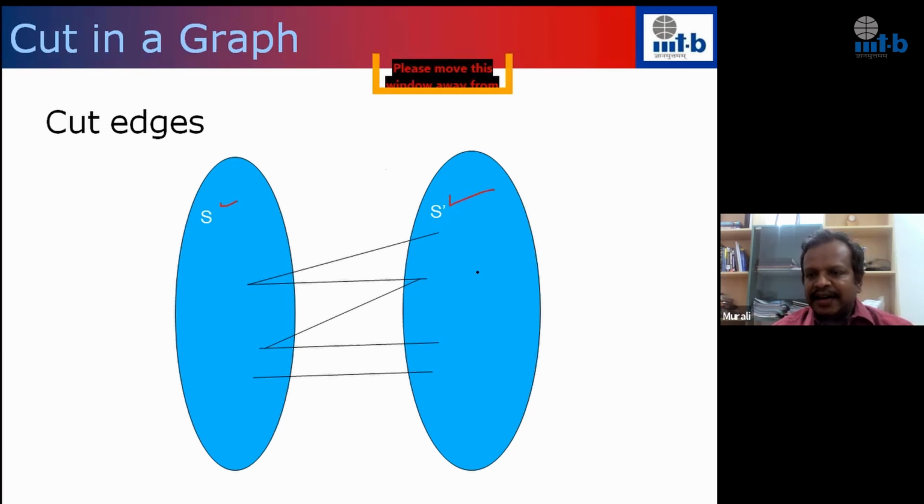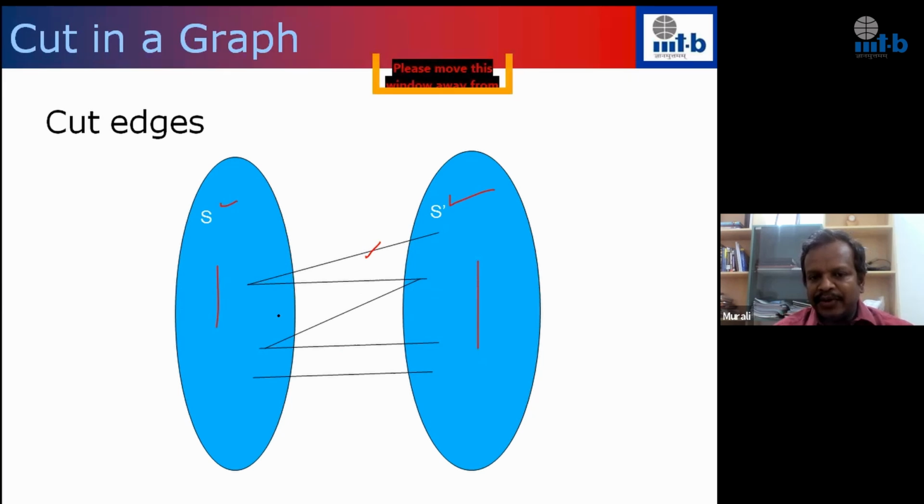Now this is called a cut. You take any edge where one of the endpoints is in S and the other endpoint is in S complement. In other words, exactly one of the endpoints of an edge should be in S. Such an edge is called a cut edge. If both the endpoints are in S, it will be like this. If none of the endpoints are in S, then it will be like this. We don't care about the edges inside S, or the edges within S dash.